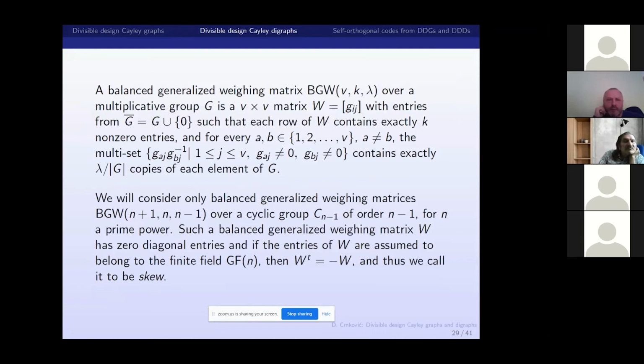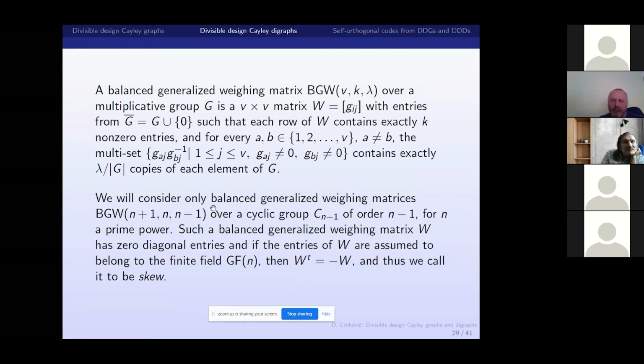Such a matrix over a multiplicative group G is a V times V matrix with entries from G union 0, such that each row of W contains exactly K non-zero entries, and for every a and b from that set, which are not the same, the multiset written here contains exactly lambda over the cardinal number of G copies of each element of G.